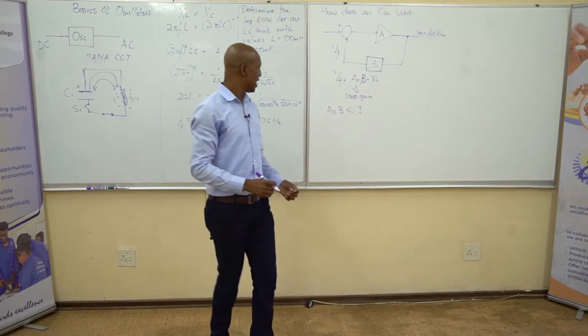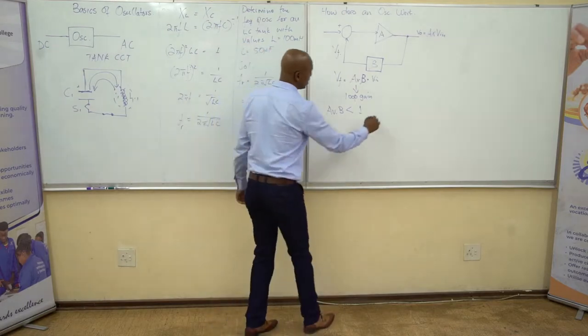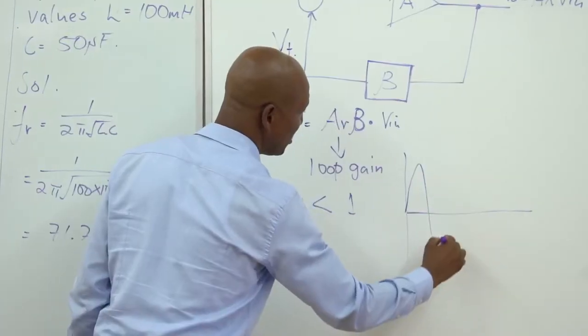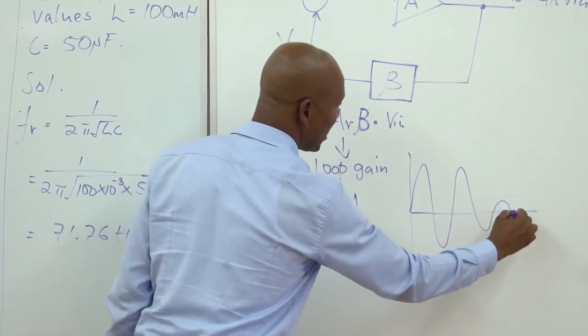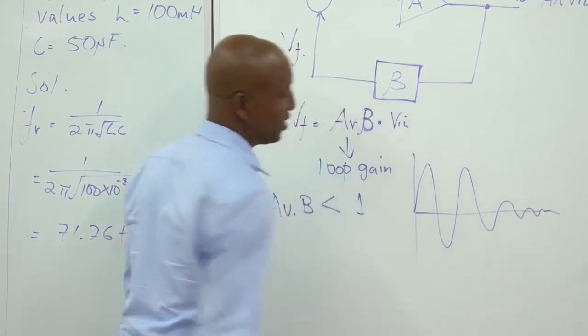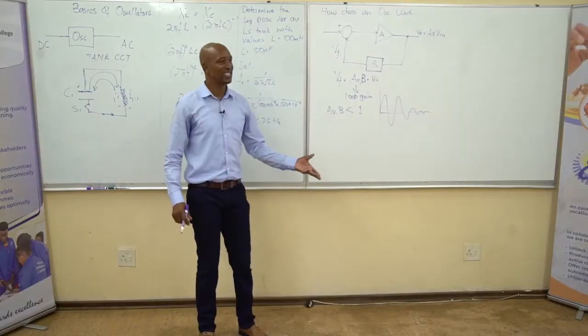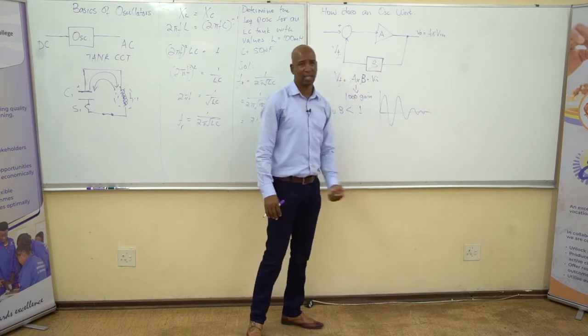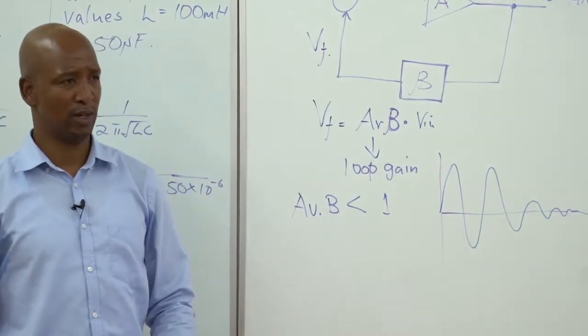It means our signal will start at a very high voltage and then tend to dampen. We call it a damping signal. So you see our oscillations are decaying as time goes on.